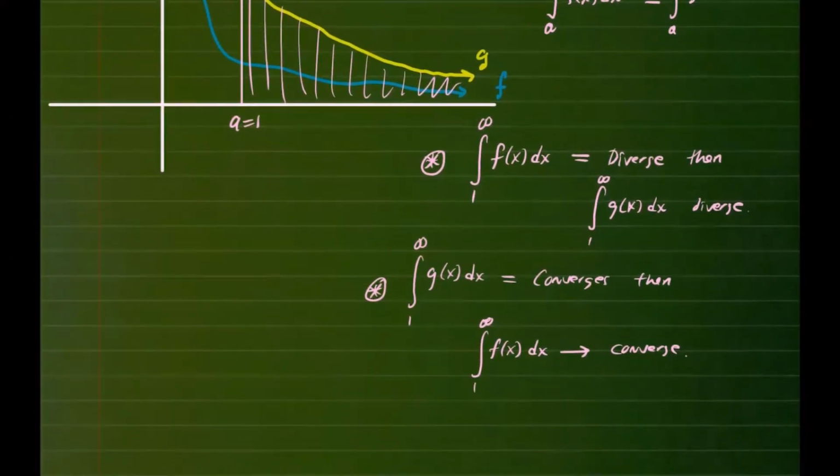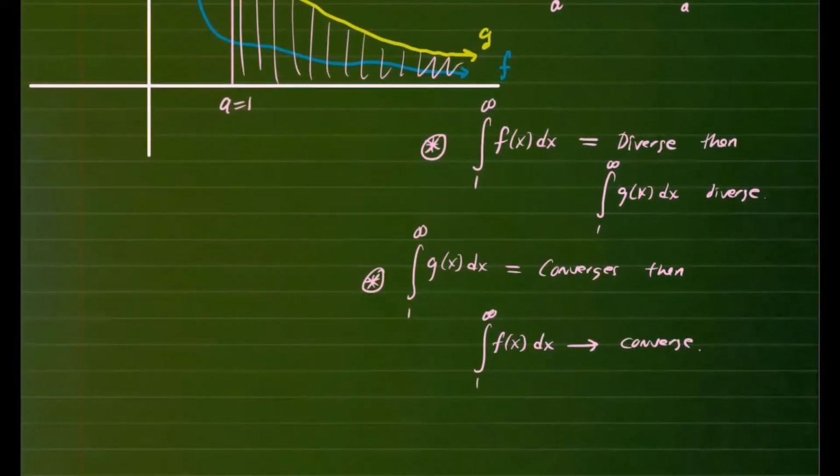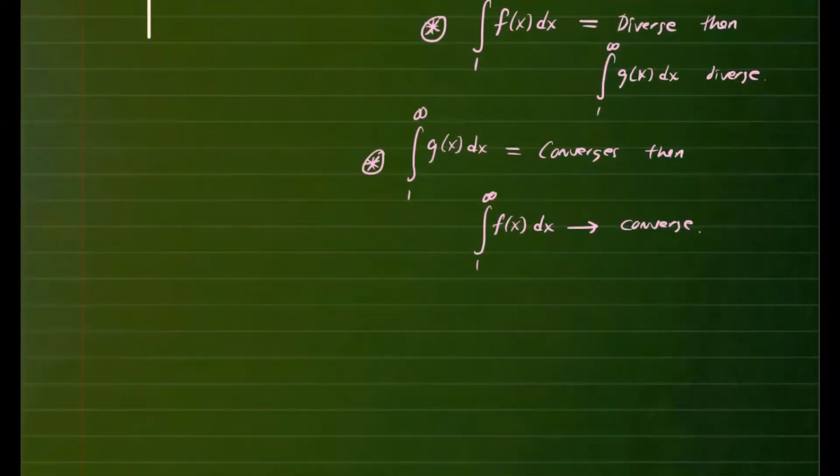Now, we do need some tools. We can't just think of f and g being any arbitrary functions. So one function you can always think of is this one. We call it the p integral. The p integral is the function of this form, the integral from 1 to infinity of 1 over x to the power p dx. So this integral has two different interpretations.